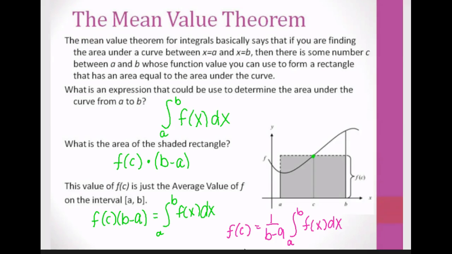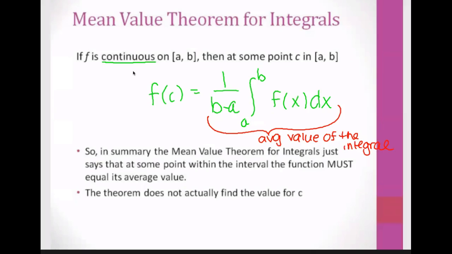So just like in derivatives, you said f prime of c equals the slope of the secant. For integrals, it's f of c equals the average value of the integral. So the formal definition for mean value theorem says if f is continuous on the interval, not integral, sorry, that's hard to understand.